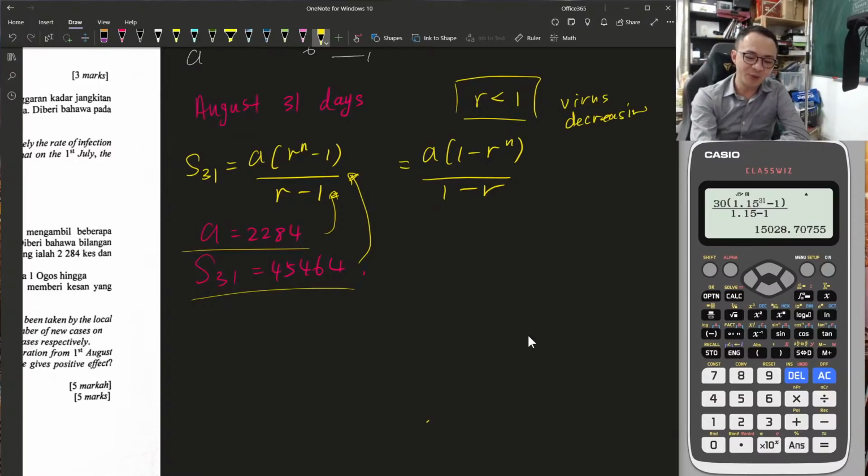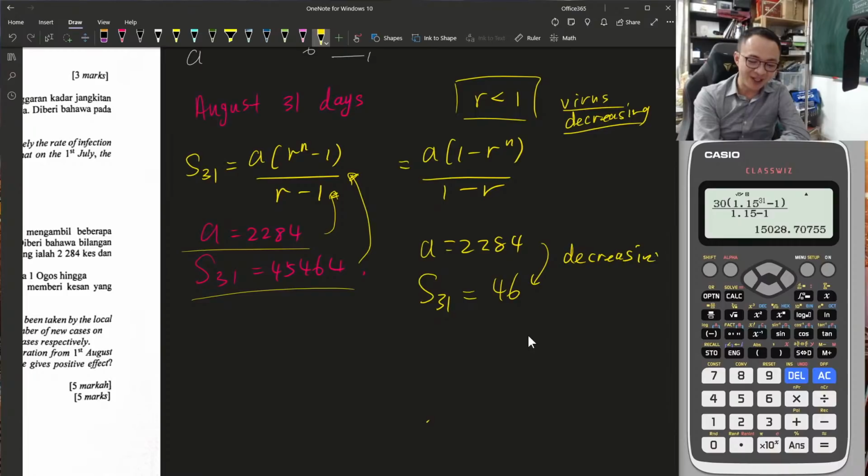But from the numbers we see here, R must be more than 1, right? Unless the first day is something like 2284 and the S31, the last day, is maybe about 46, then I can see they are decreasing. If they are decreasing, I'm going to use the second formula.